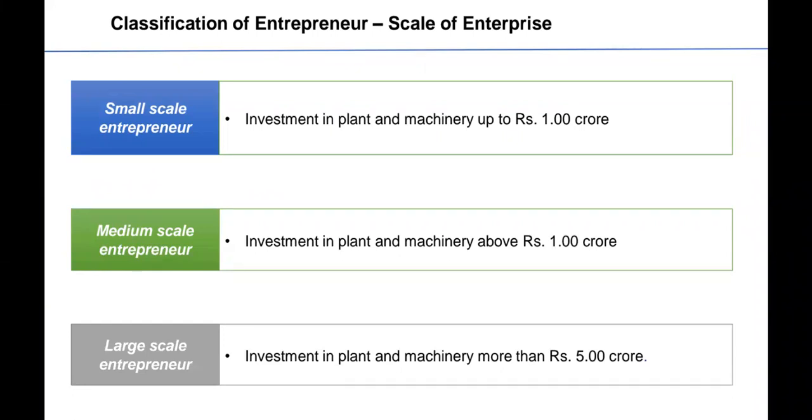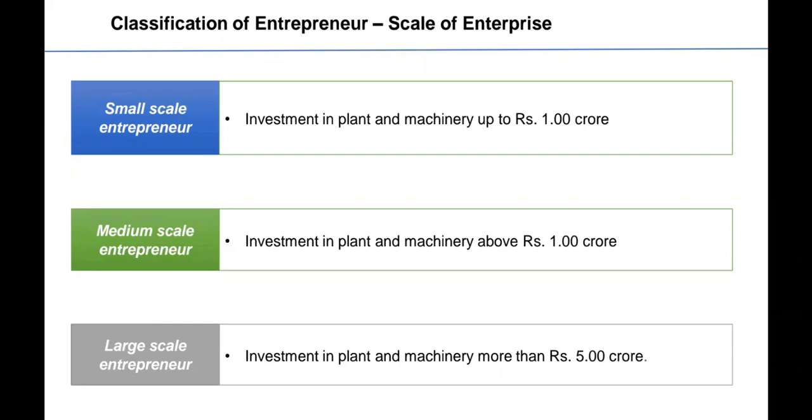Whose investment is less than or up to 1 crore. Then medium scale entrepreneurs are those whose investment in plant and machinery is more than 1 crore. If it is 1 crore 10 lakh, 1 crore 20 lakh, 1 crore 50 lakh, whatever it is.